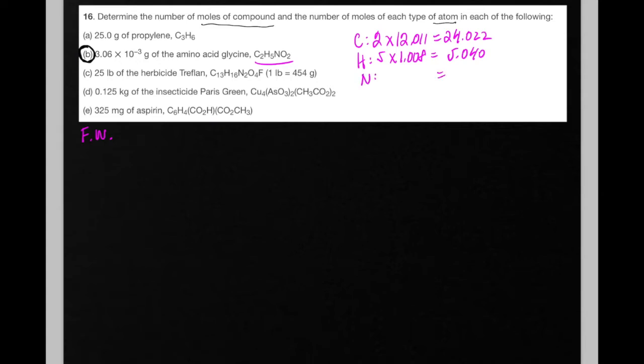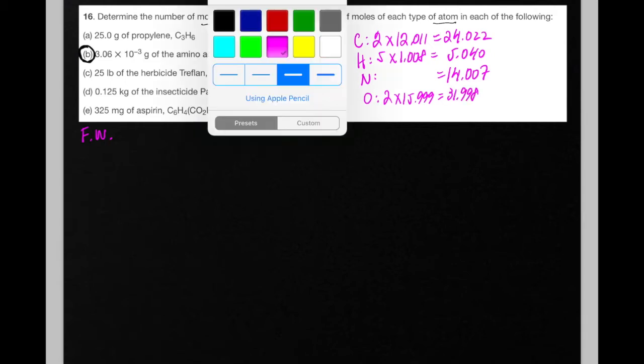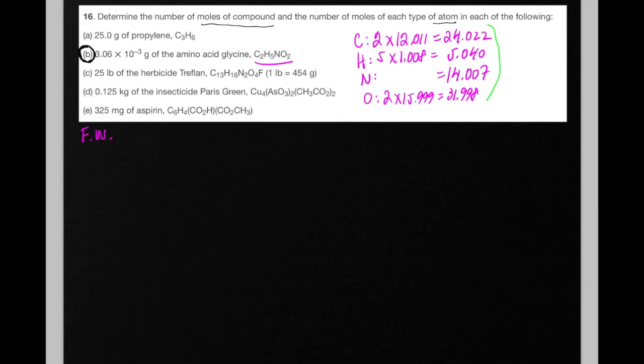For nitrogen, we just have one of those, 14.007. For oxygen, we have 2 of those. And don't forget, the final step is to always add these masses up together. And that will be the formula weight for this compound in units of grams per mole.